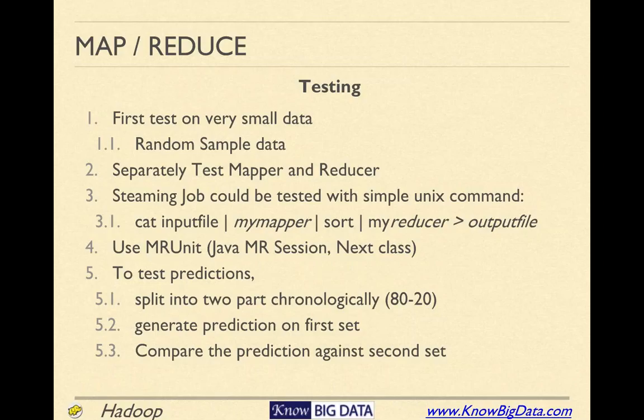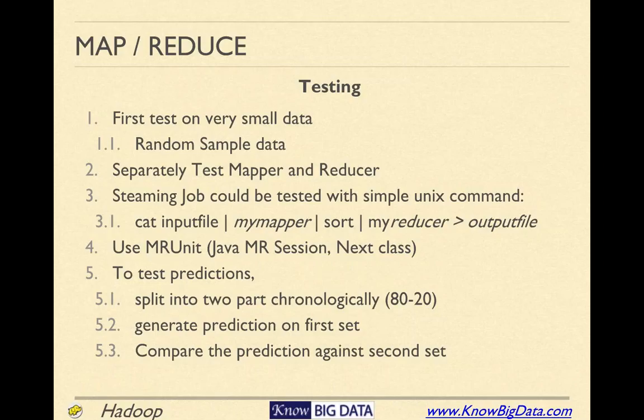This is very important. So you split the data into two parts and generate the prediction. You feed your MapReduce logic with the first part of data.